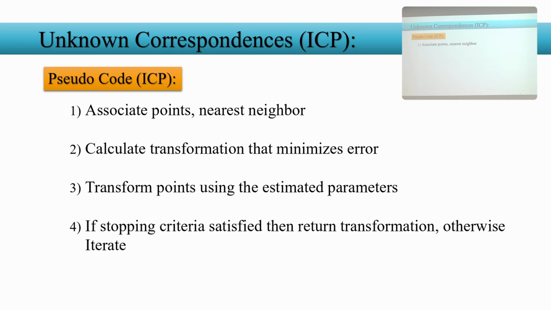So now let's have a look at the pseudocode, how the steps look, or the algorithm. Step A, associate points to the near neighbor, then calculate the transformation that minimizes the error, then transform points using the estimated parameters, then if the stopping criteria are satisfied, return the calculations.